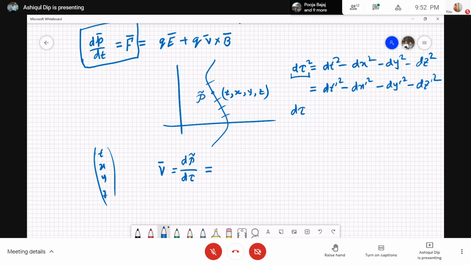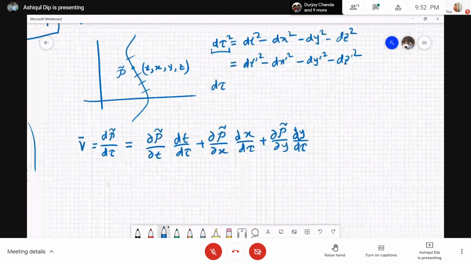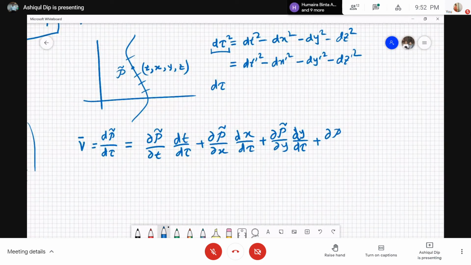If we expand the same way we did earlier, it becomes delta p tilde by delta t, dt by d tau, plus delta p tilde by delta x, dx by d tau, plus delta p tilde by delta y, dy by d tau, plus delta p tilde by delta z, dz by d tau.